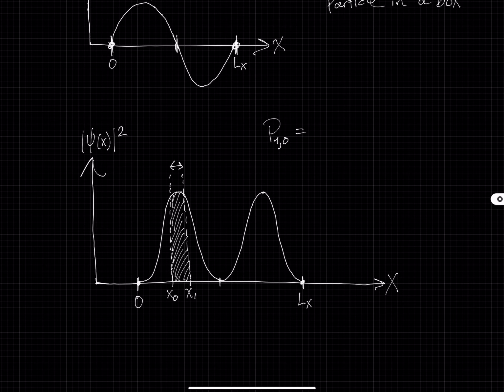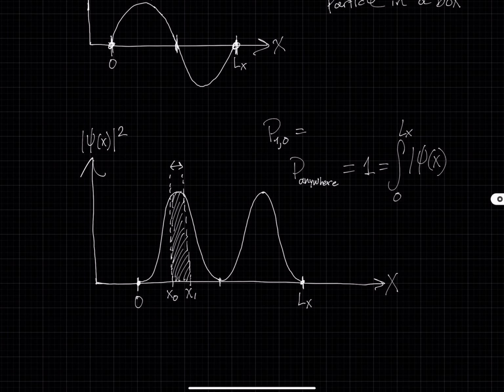is equal to 1, right? That is to say, the probability of finding the particle anywhere must equal 1, because it has to be somewhere. Now, we know that it can't surpass x equals 0, nor can it surpass x equals Lx. And so, if we integrate over the entire curve, 0 through Lx, right?